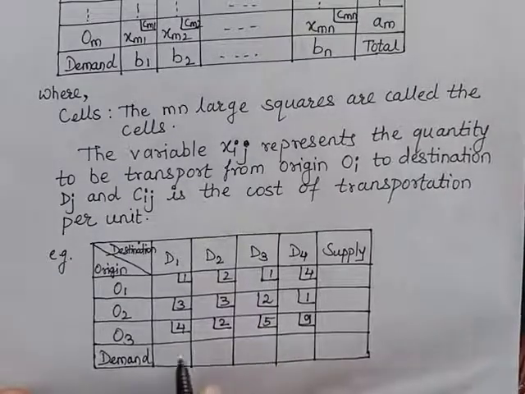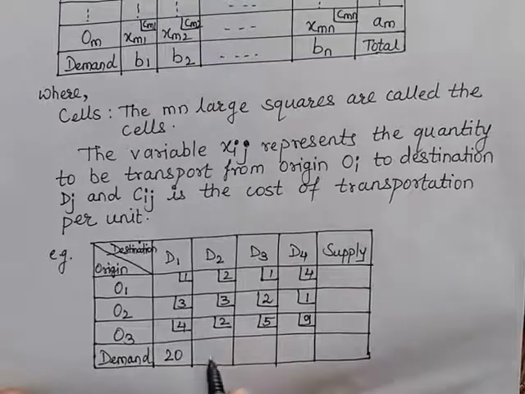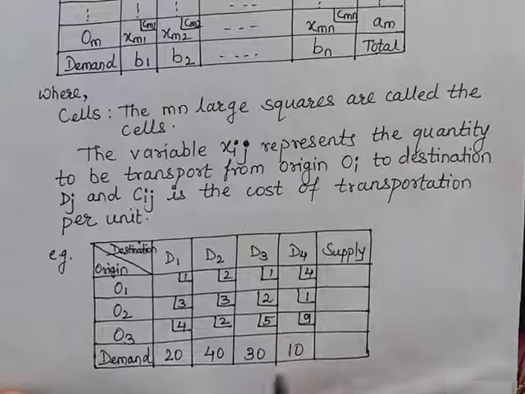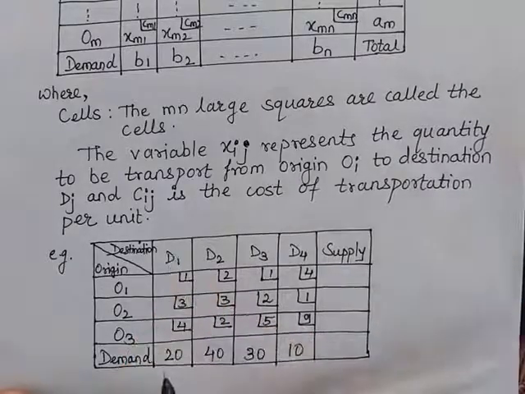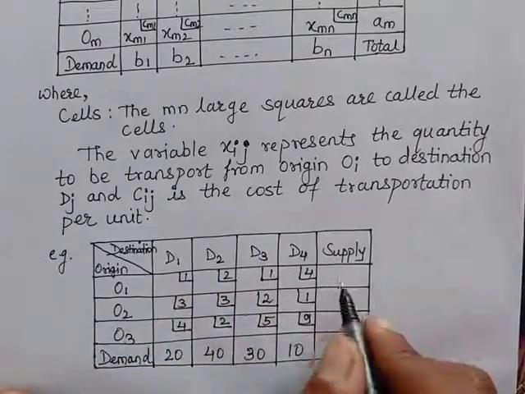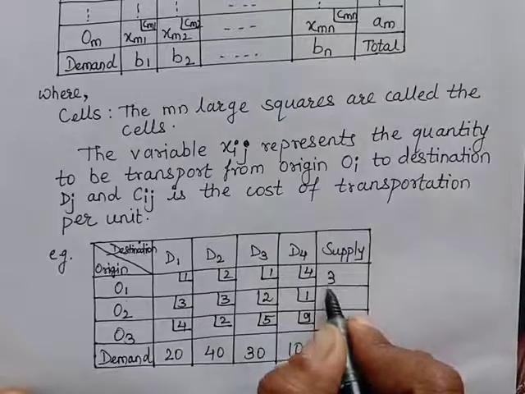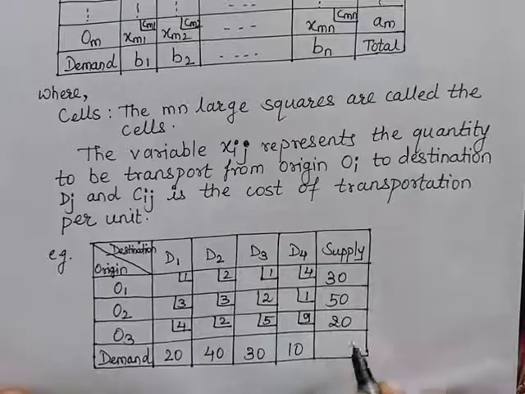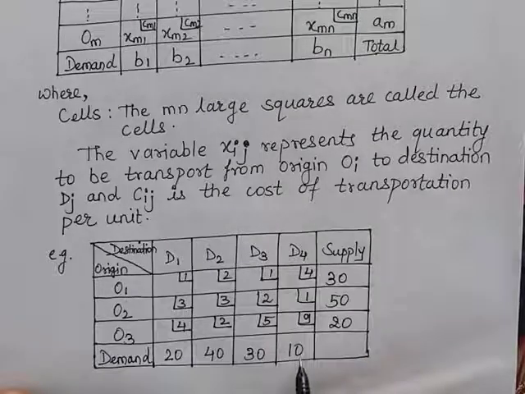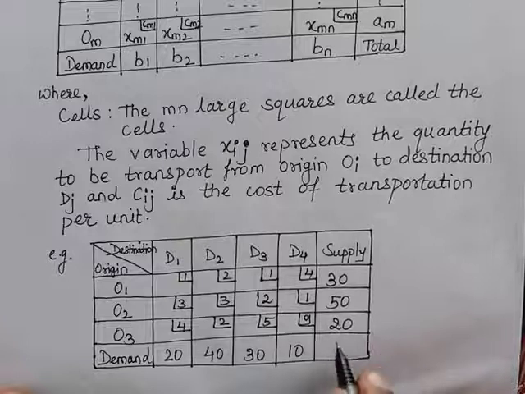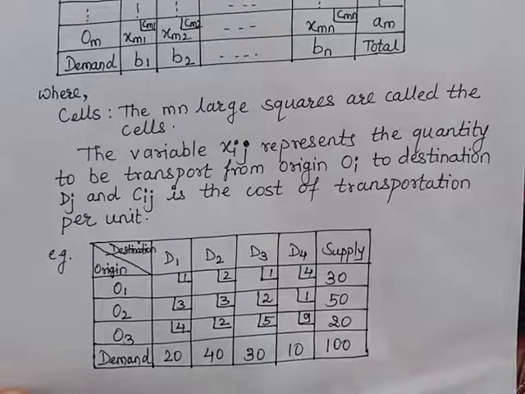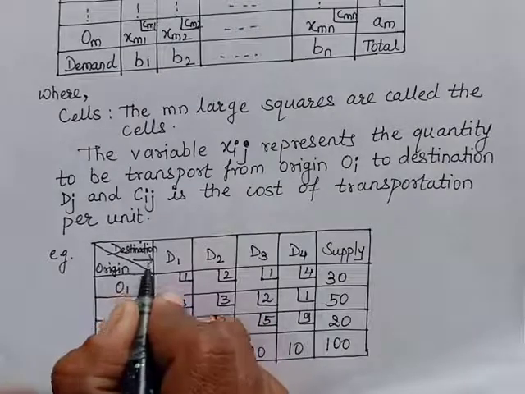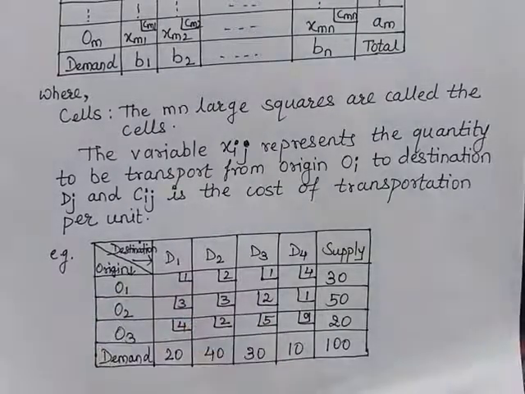And demands are 20, 40, 30 and 10. These are the demands from these destinations. And the supply from the origins, the possibilities of supply, here 30, 50 and 20. Look at this total and this total, both are 100. Here we can write the total. As such, the transportation problem is given to us.